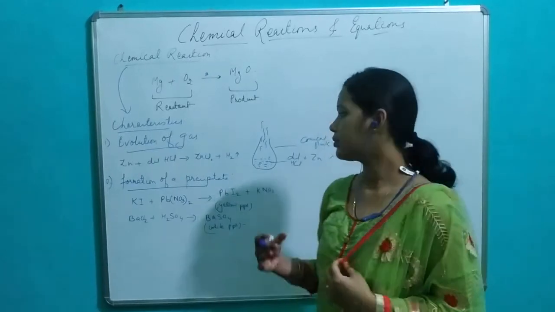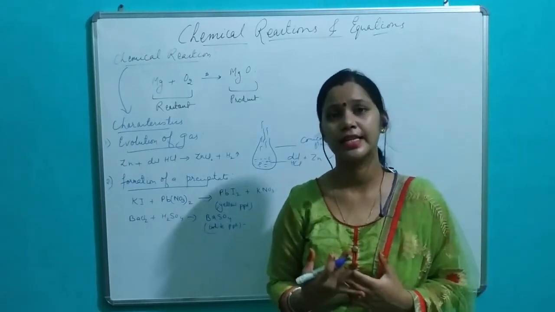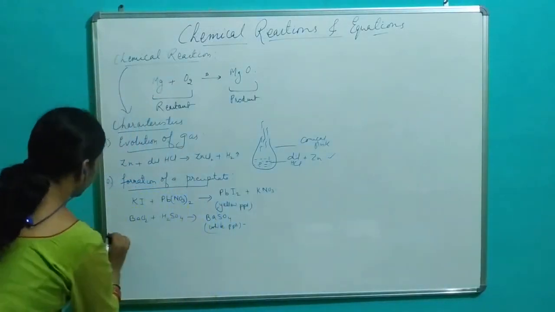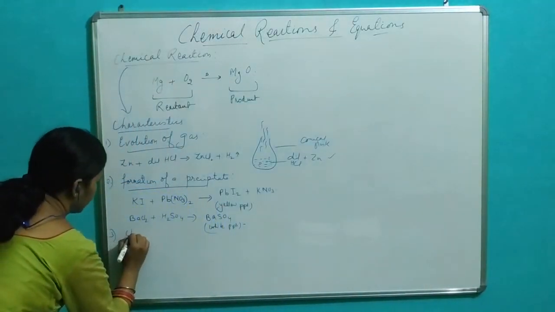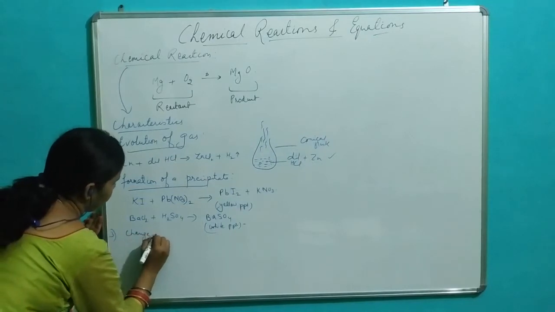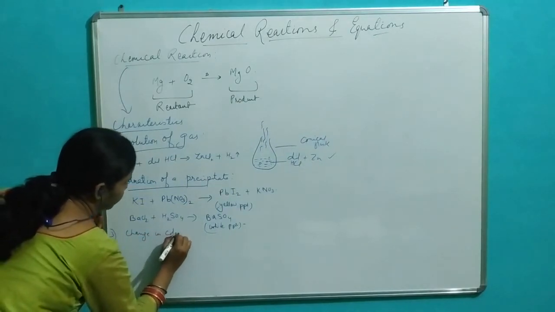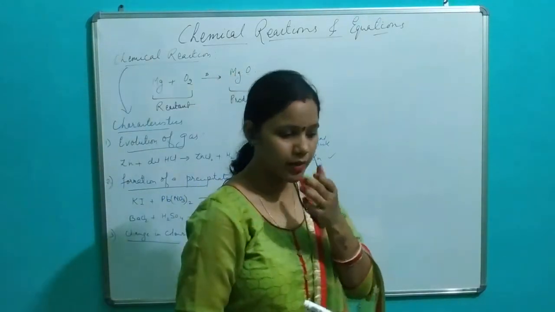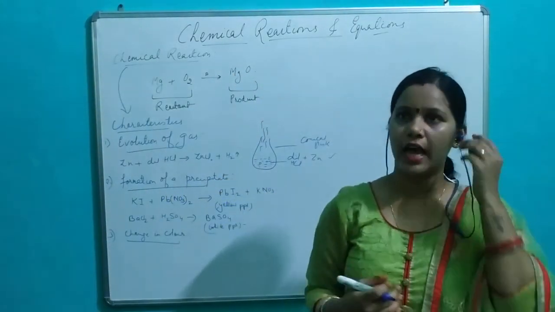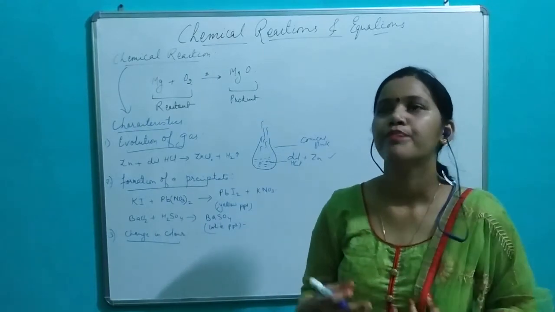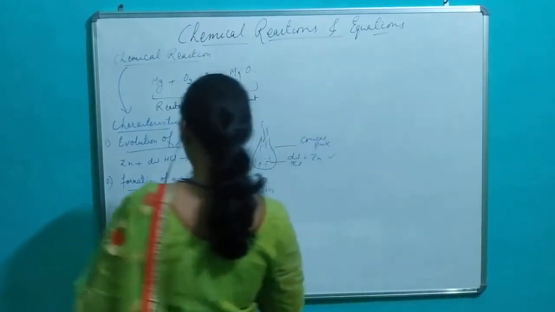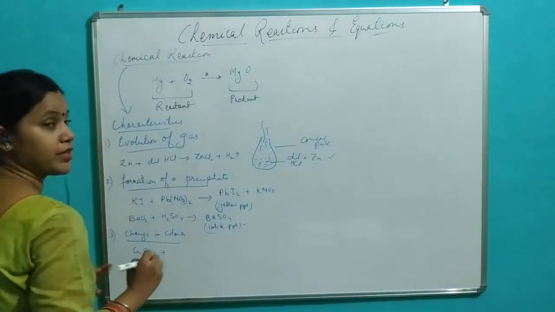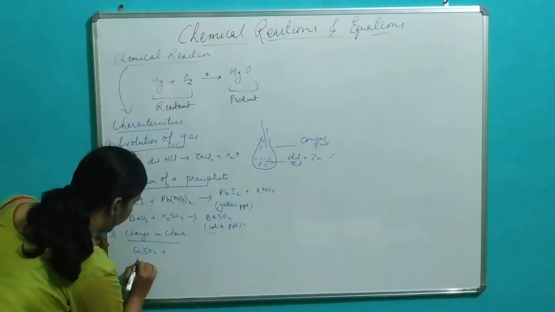Another characteristic is the change in color. Sometimes in a chemical reaction, the color change is also visible. For example, in a displacement reaction, we have a copper sulfate solution, CuSO4, which is blue in color.